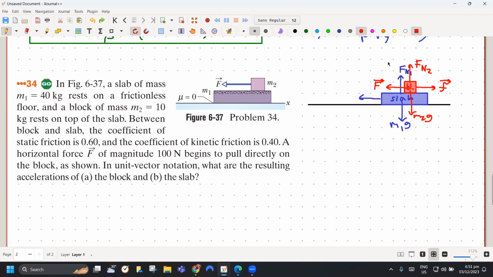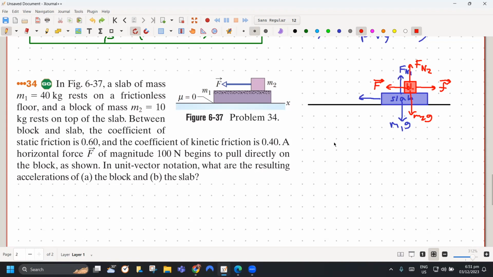No. What causes the gravitational force on the block? Gravity of what? The earth. So ang pinanggagalingan ng gravitational force on the block is the whole earth.